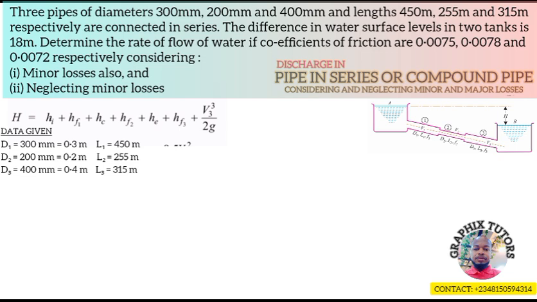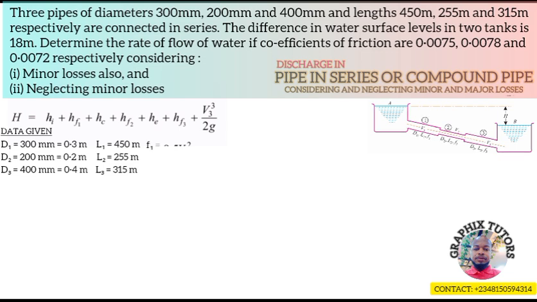The friction in pipe 1 is 0.0075. The friction in pipe 2 is given as 0.0078, and in pipe 3 is given as 0.0072. Like I always tell you, it is important when you're given diameter, you calculate for the area.